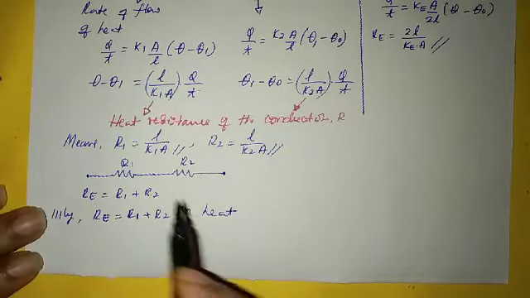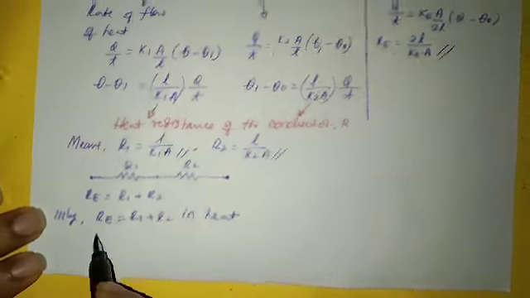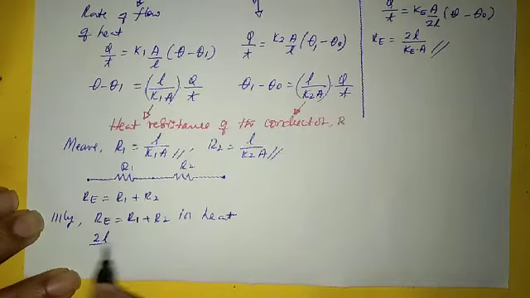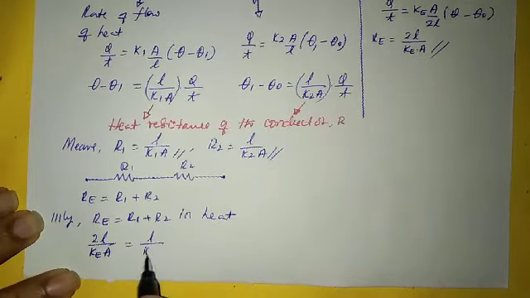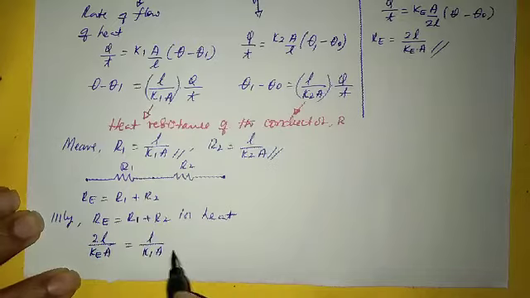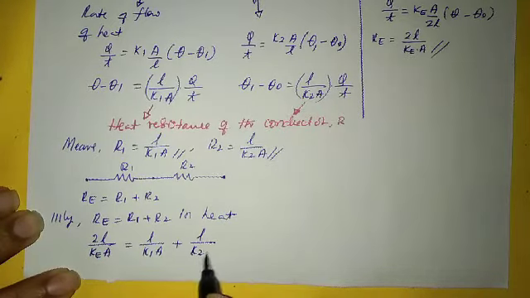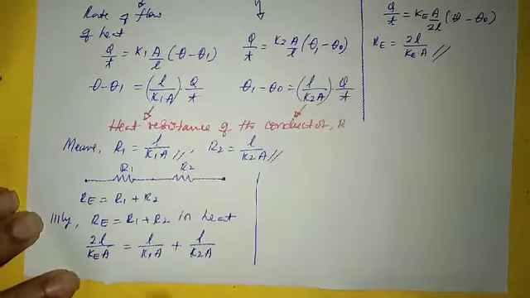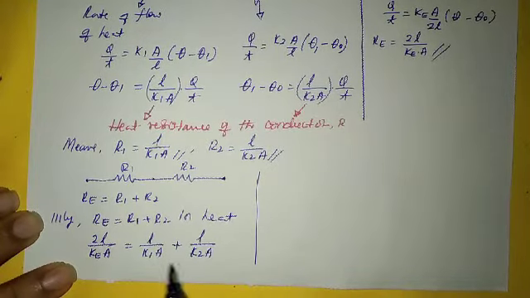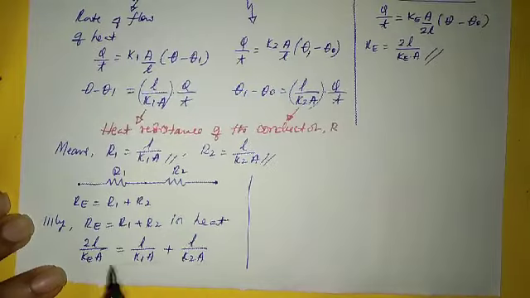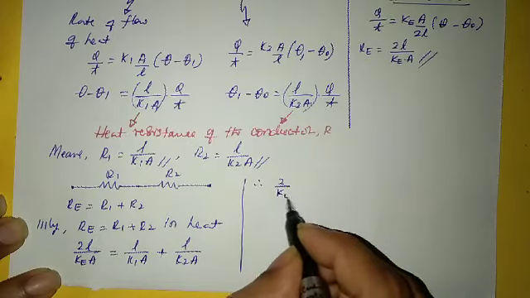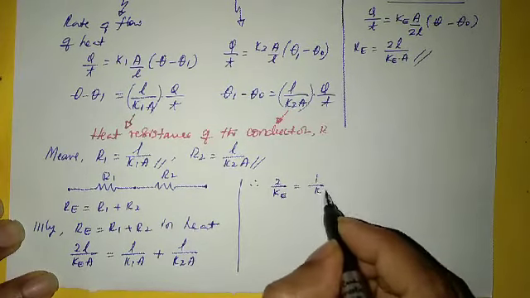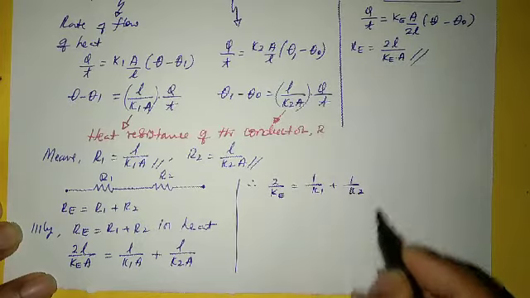So now put in what we know. RE is 2L divided by KEA. What is R1? It is L divided by K1A. What is R2? It is L divided by K2A. Now when you observe this, L divided by A gets cancelled on every side. The things left behind are 2 divided by Ke is equal to 1 divided by K1 plus 1 divided by K2.